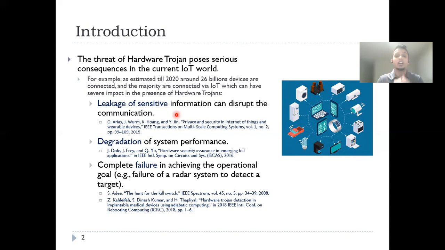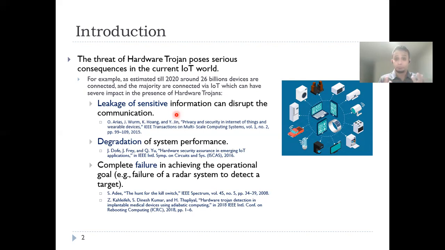For example, in a military system, when communication is going on to send some information to the target, if a hardware Trojan attack is caused, the goal of taking the information to the particular target can be misled or damaged.